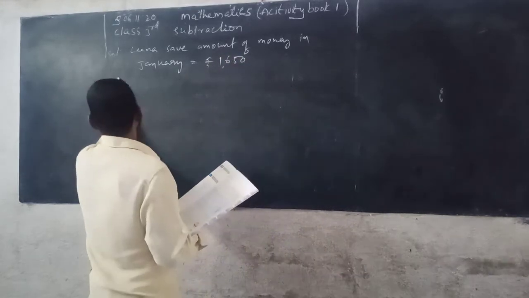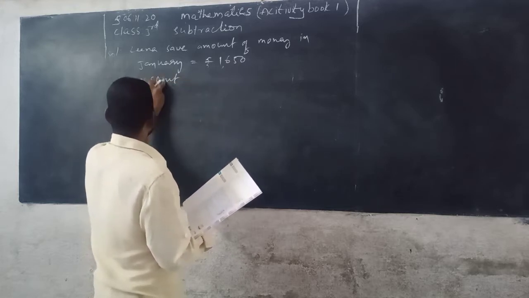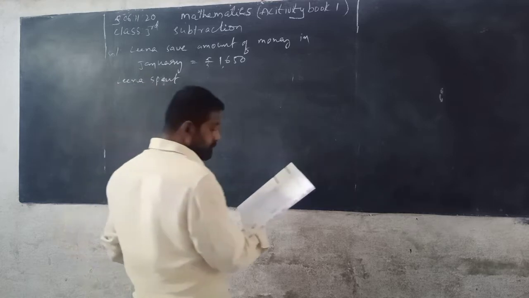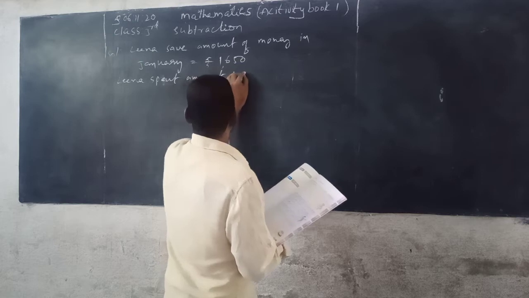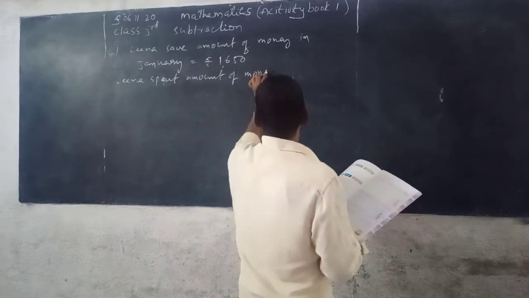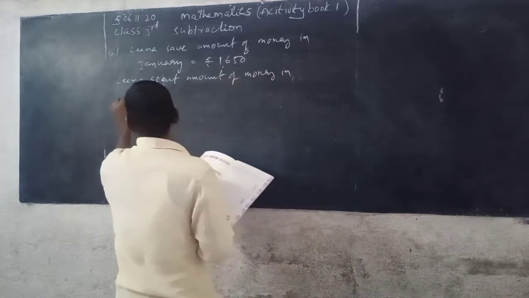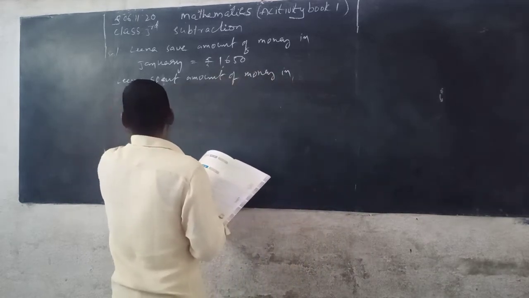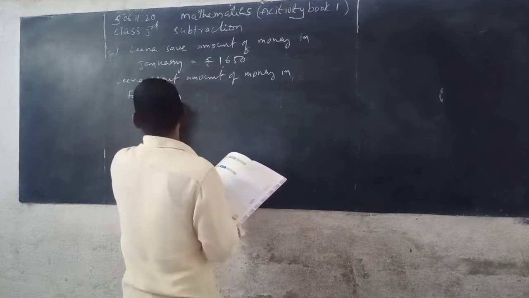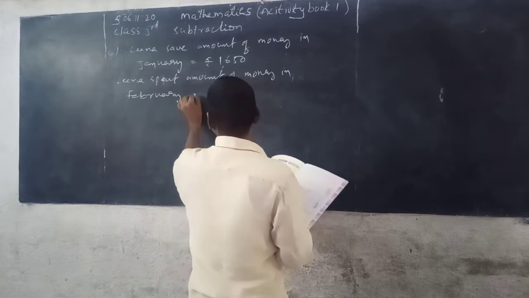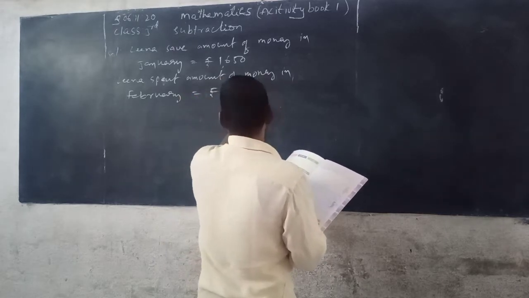Leena spent an amount of money in the month of February, that is 1080 rupees.